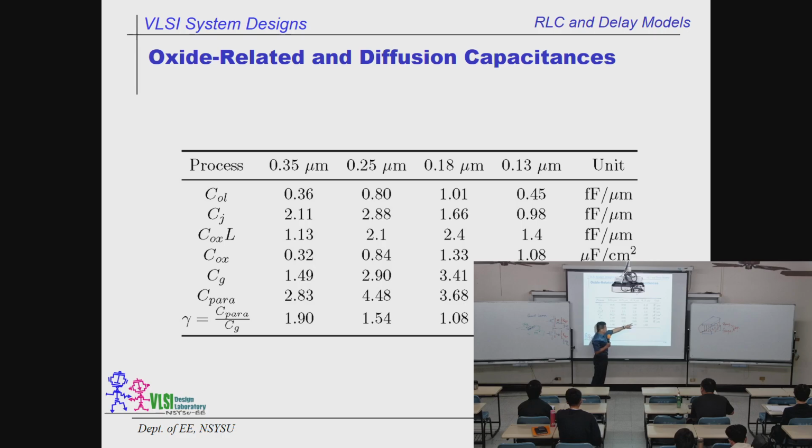And this is for parameters, 3.68. And C oxide, 1.33. Okay, you can do the same for every other different device process. But in this course, this is what you should learn, the 0.18.